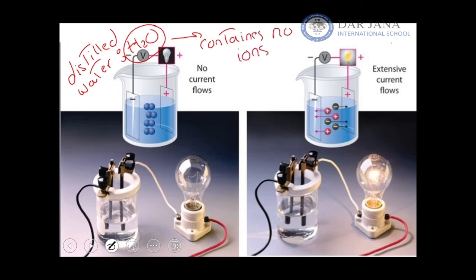You have just H2O molecules, you don't have any ions here. So if you try to close an electric circuit using distilled water, the current won't flow. Why? Because there are no ions in it. But if you dissolve a salt in it, you're going to have pluses and minuses, positive ions and negative ions, and so electricity will flow.